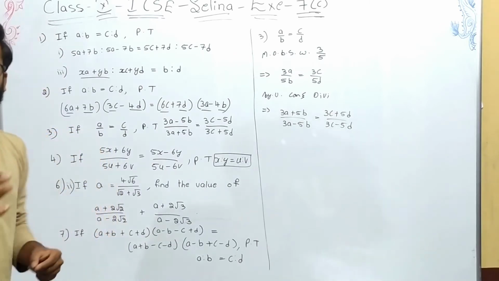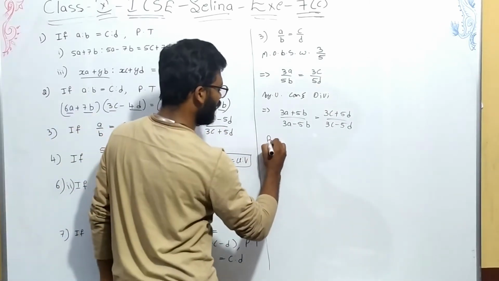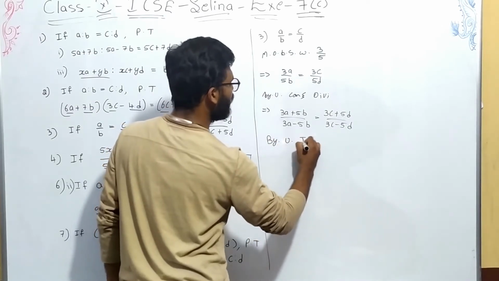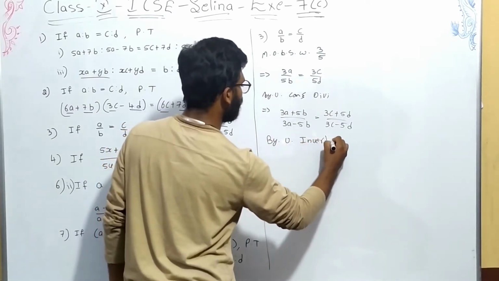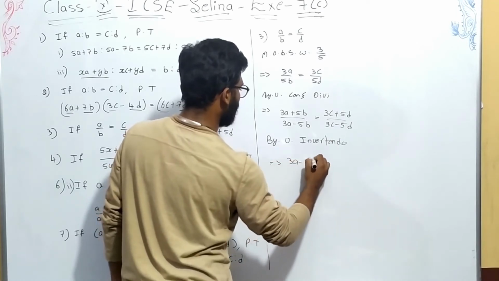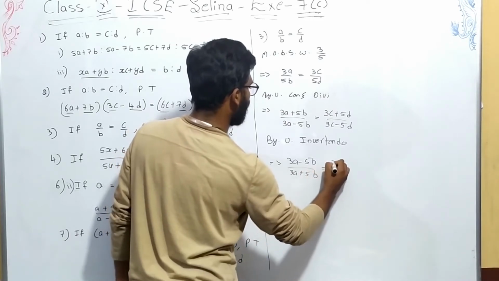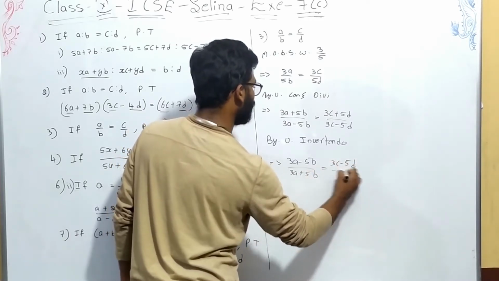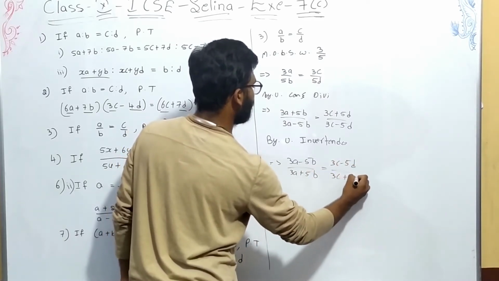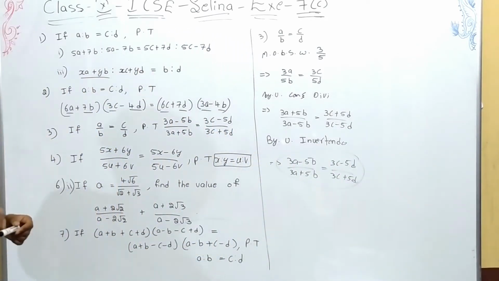You can keep it in mind. Now I want this, so by using invertendo, 3a minus 5b by 3a plus 5b is equal to 3c minus 5d by 3c plus 5d. Hence, it is proved.